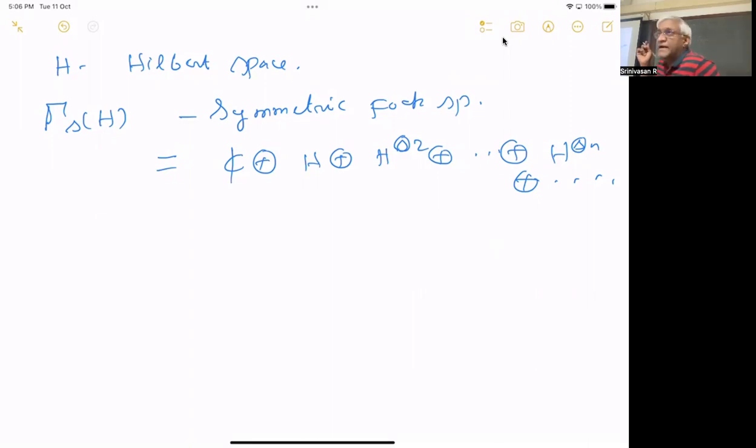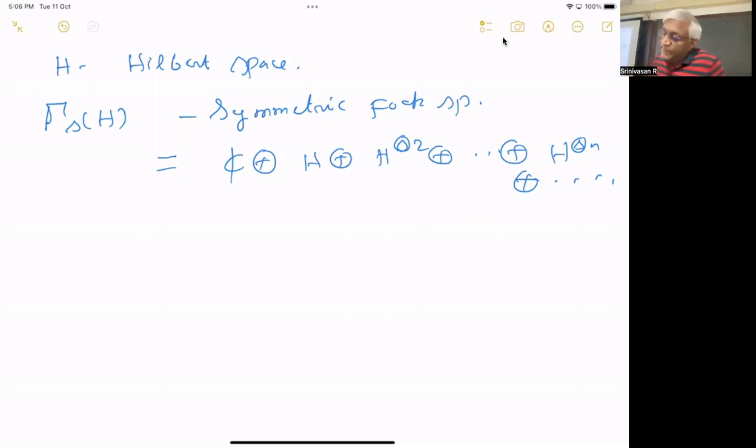This is a framework for that. They cannot be distinguished. That is what it means: you apply a permutation and it's the same thing. So they are called finite particle vectors, the finite particle Hilbert space.